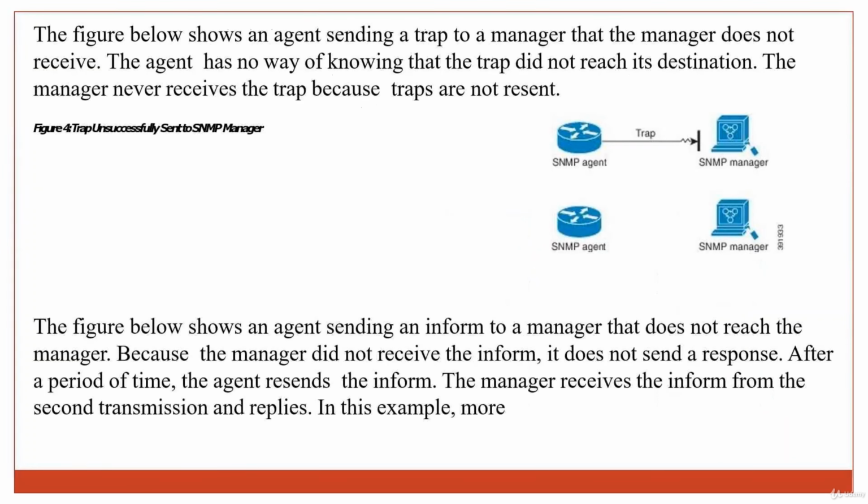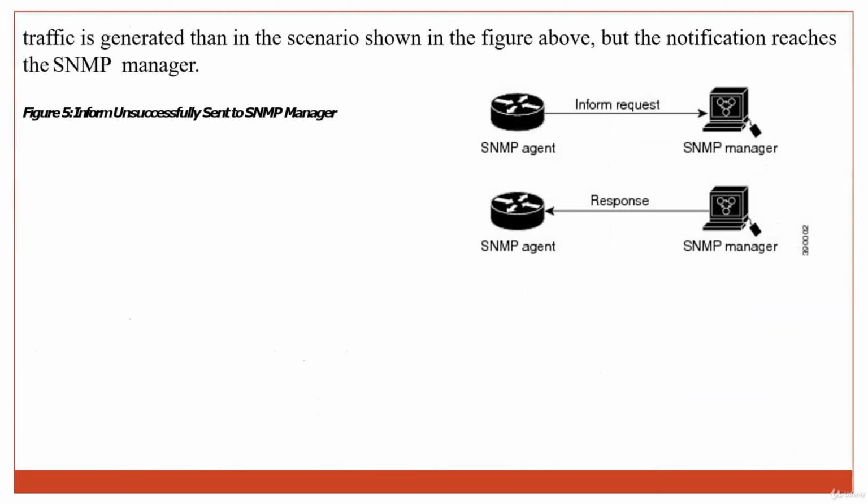That's the reason the trap methodology is faster than the inform method. But the inform method is reliable because it has an acknowledgement. So we know the basic terminology used in SNMP. Let's stop here, and in the next section we are going to study SNMP MIB and versions of SNMP.